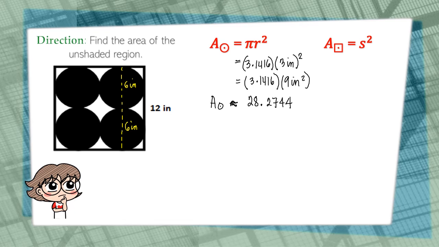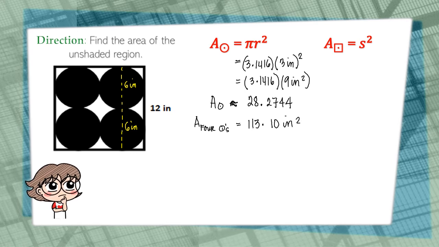But since we do have 4 shaded circles here, that means we are supposed to multiply the area by 4 circles. So we can have 28.2744 times 4, and with that we would have 113.10 inches squared.